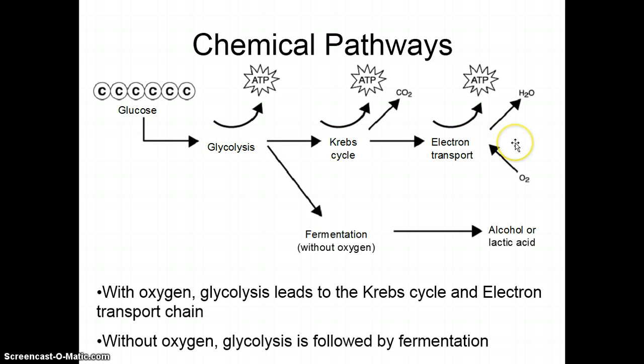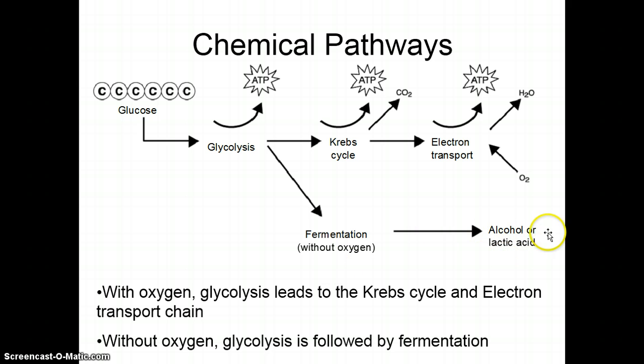And if there's oxygen present, this will happen. It will go through glycolysis, Krebs cycle, and electron transport chain with oxygen. That's an aerobic process. If oxygen is not present, glycolysis will take place, but it will lead to fermentation. And this is where alcohol is created or lactic acid.